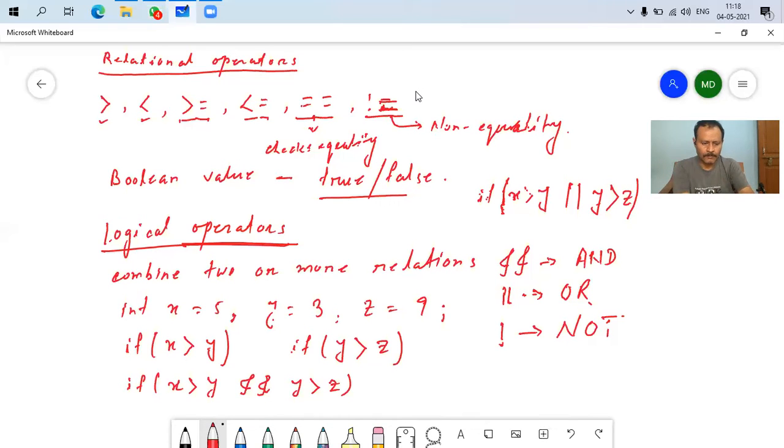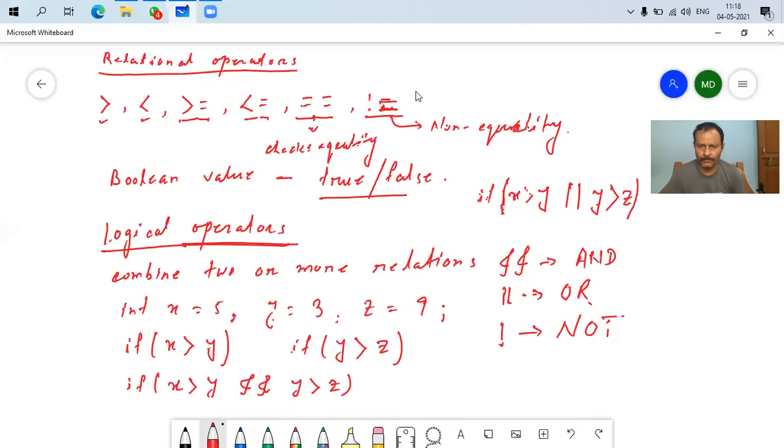Okay, now, we will see the use of these operators later in our programs. For the time being, we are done with the operators. Now comes the precedence of operator. Now, what do you mean by precedence of operator?